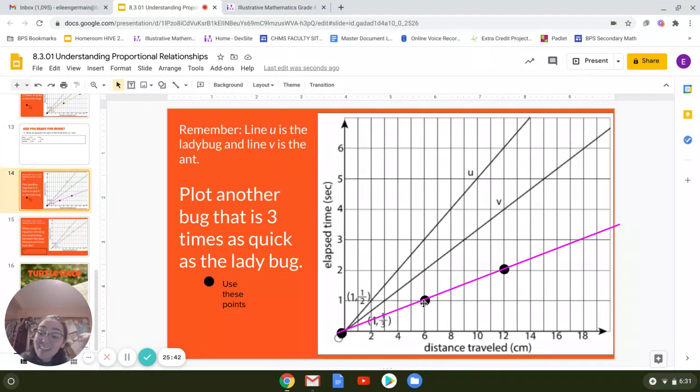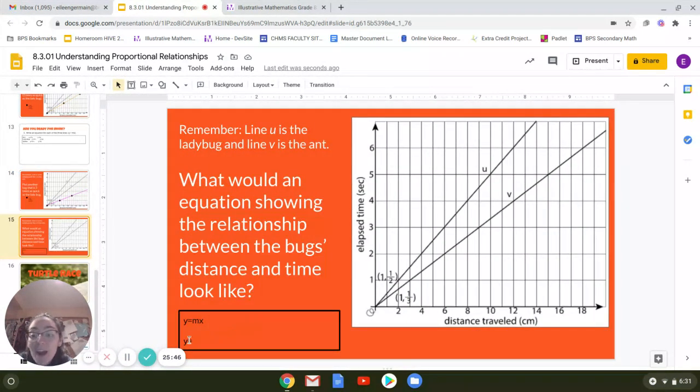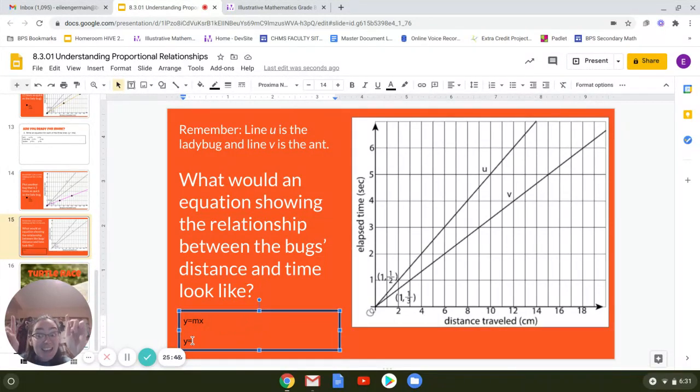So his rate of speed is going to be 6 times x. So it's going to be y is equal to 6x. Yes, you got it. Simple, not too bad. We're just plugging in that rate of change for every one of those boxes.